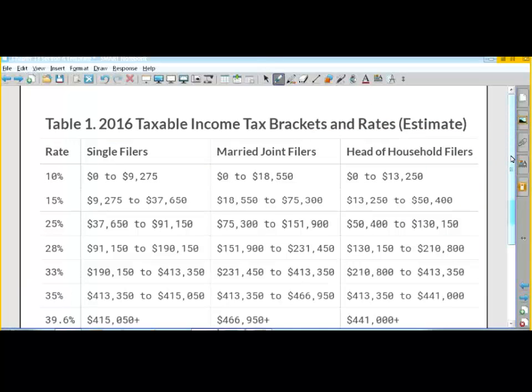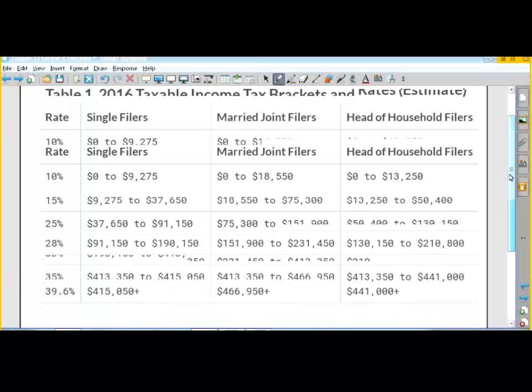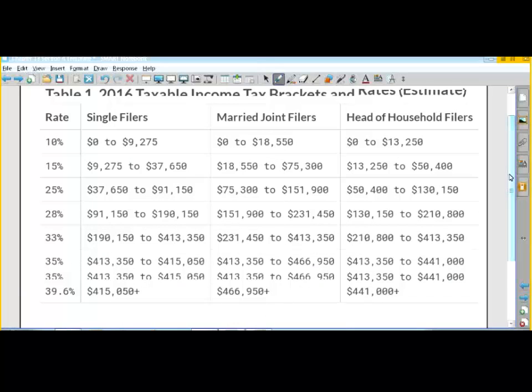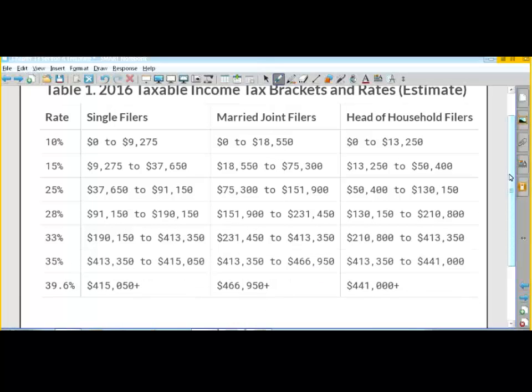Before I do that, this is a little more tax information. Most of you guys are probably in the 10 or 15% range, but these are the marginal tax rates for this year, or last year. If you make up to $18,550, this is for married, you pay a 10% income tax on that taxable income.